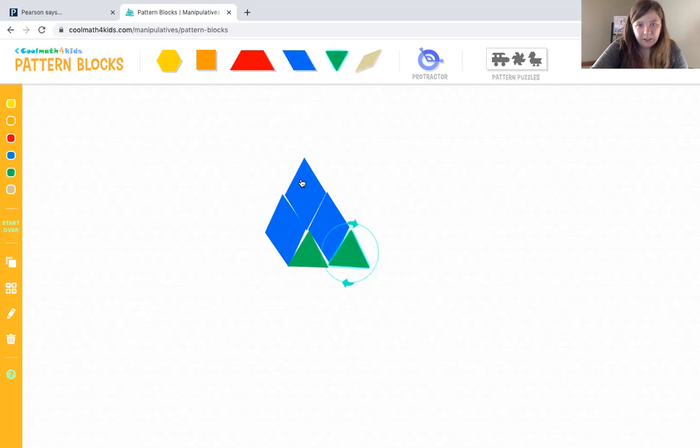And now this is not a perfect triangle because there are some holes in my shapes. But if we were to use our pattern blocks, you would get the same shape. So I'm just going to fill in my triangles, and you can see that we can use our pattern blocks to make a bigger triangle.